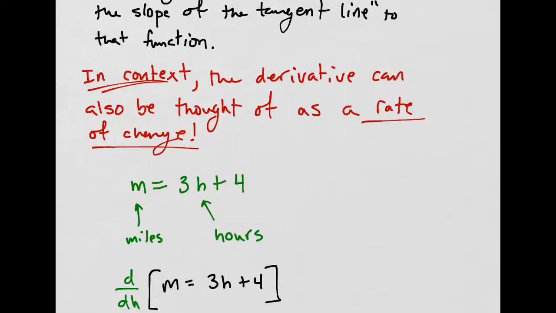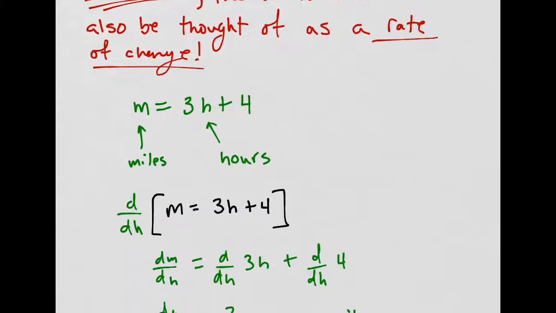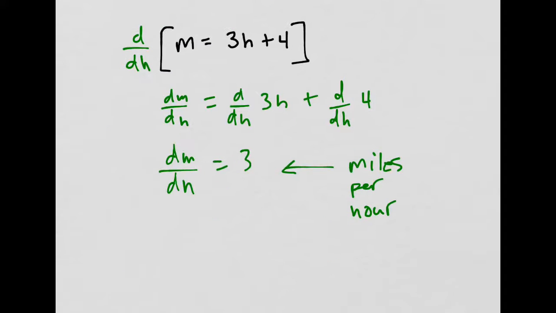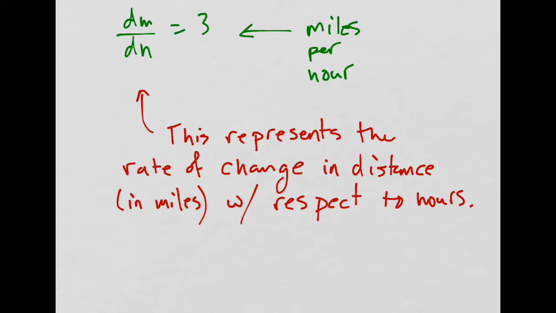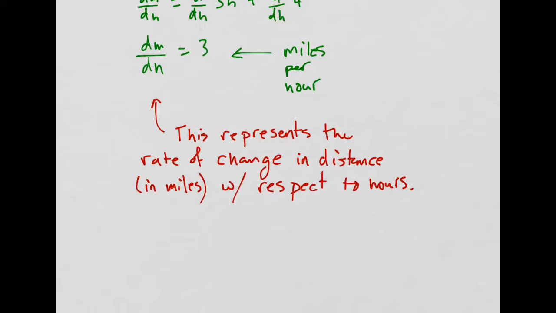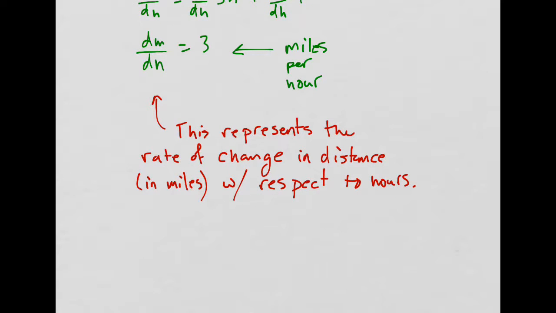Just think of the derivative as the rate of change with respect to something. So this is something you can write down. This represents the rate of change in distance, measured in miles, with respect to the time in hours. Maybe I should have written time. But the derivative is a rate. That's the biggest thing. Derivative is a rate.